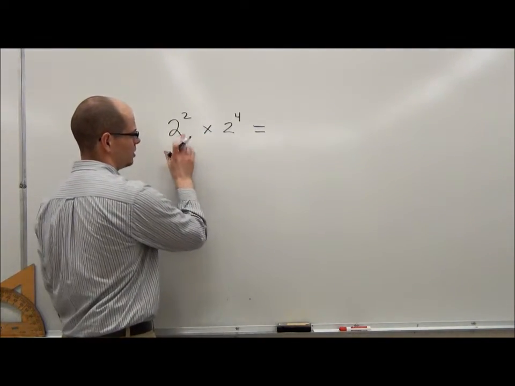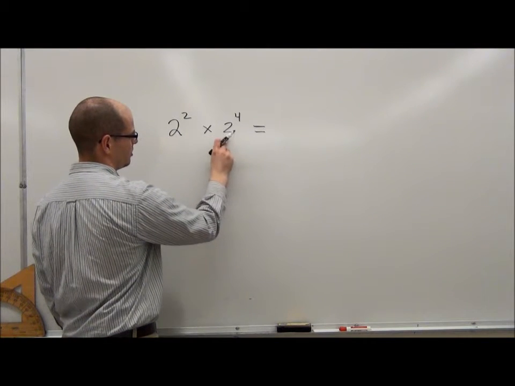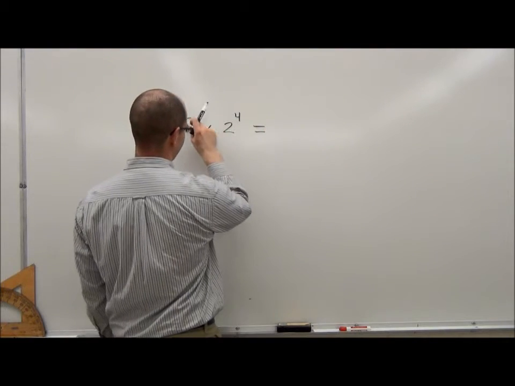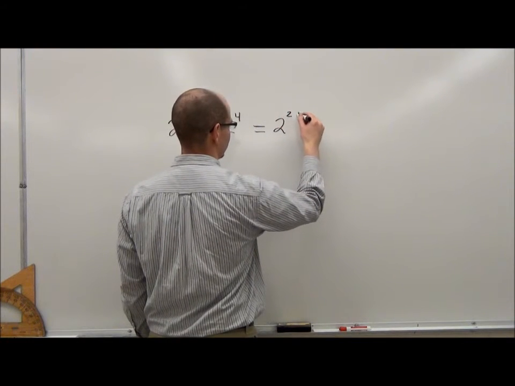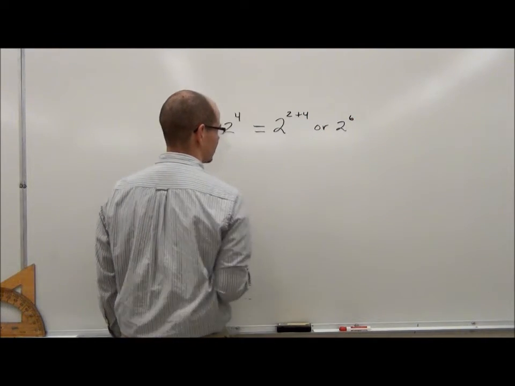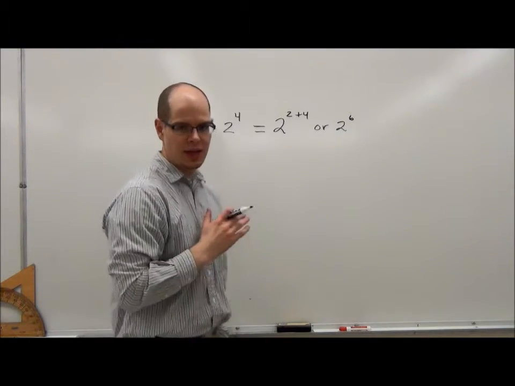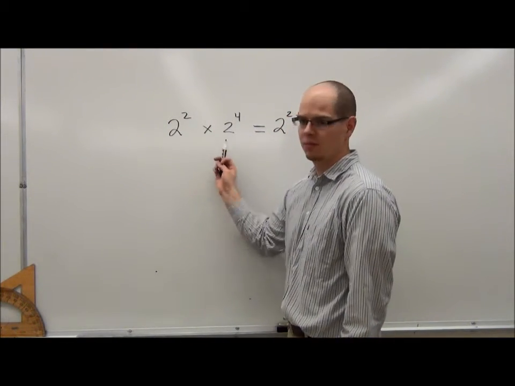So in this example, as long as they have the same base, if you multiply 2 to the 2 times 2 to the 4, we can actually add up the exponents. So here the exponent is going to be 2 to the power 2 plus 4, or 2 to the power 6. That's one of our important power rules, the multiplication power rule.